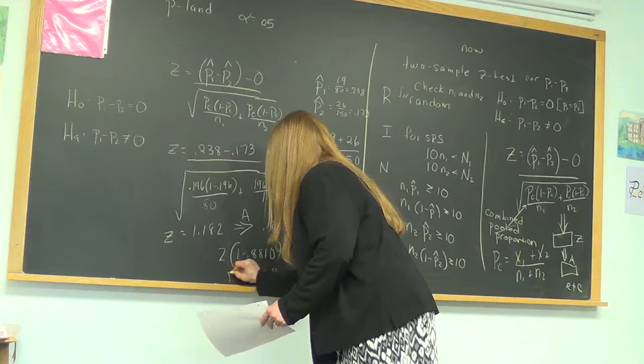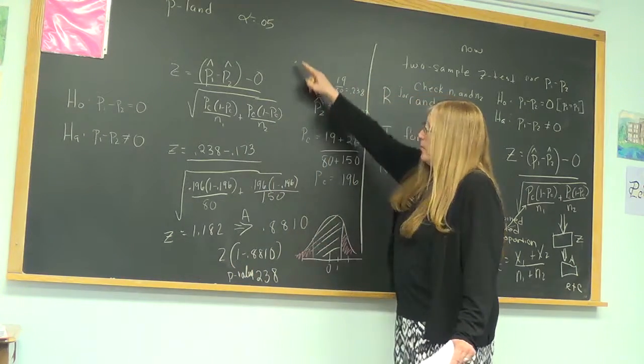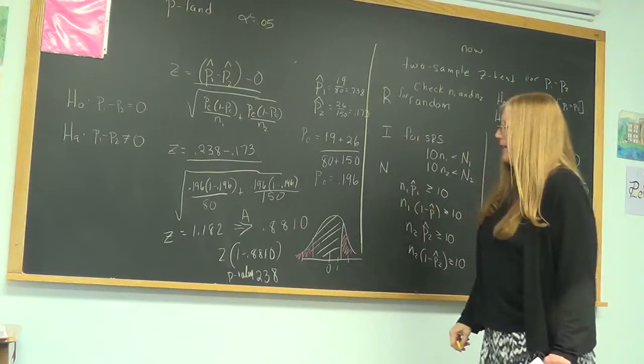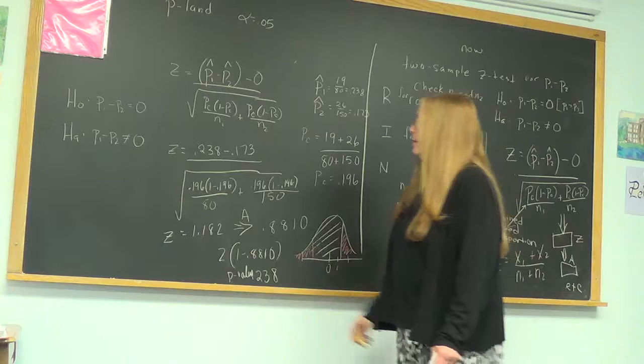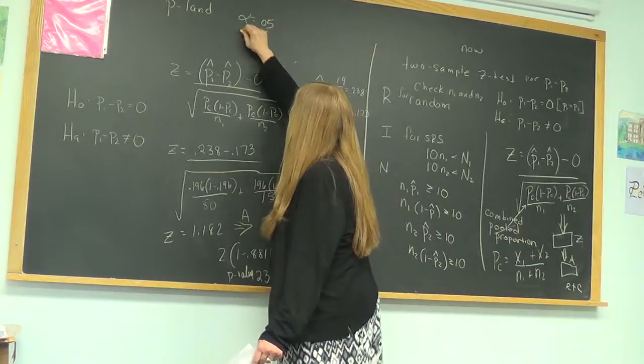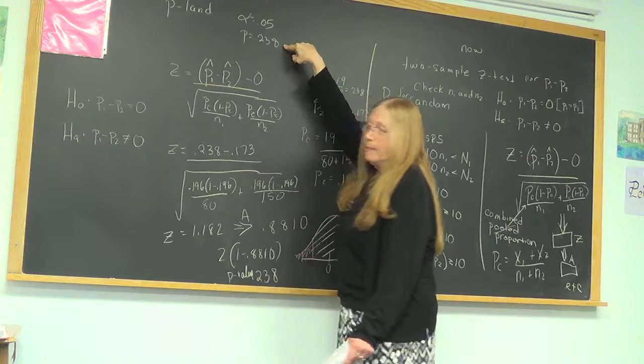So that's our p-value. Maggie, tell me, at the 0.05 significance level, what do I do with a p-value of 0.238? Do we fail to reject? All right, because this is very plausible.